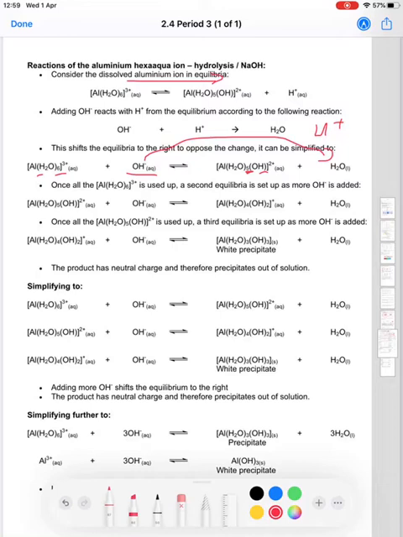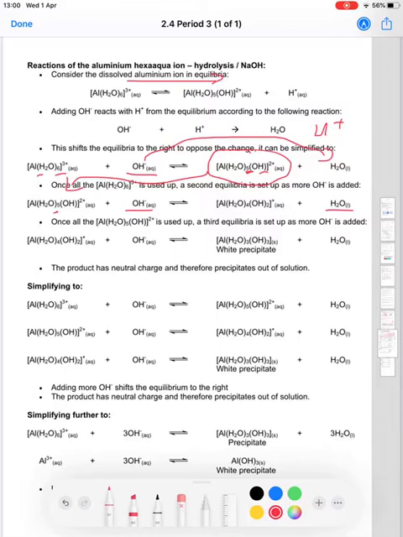And of course that can happen a second time. So if I continue to add hydroxide ions to this, which starts my second stage down there, you can see that another one of my waters here will donate its hydrogen to that hydroxide to form another water.